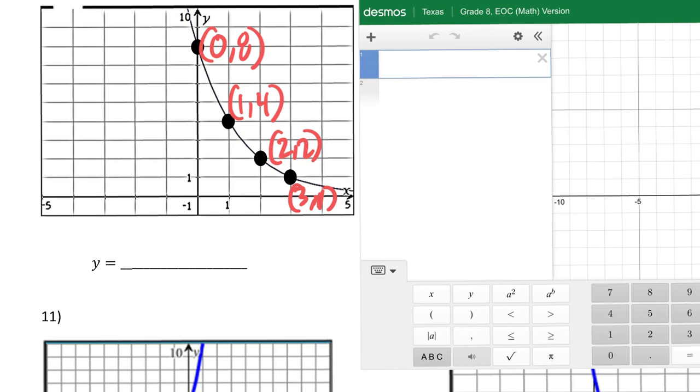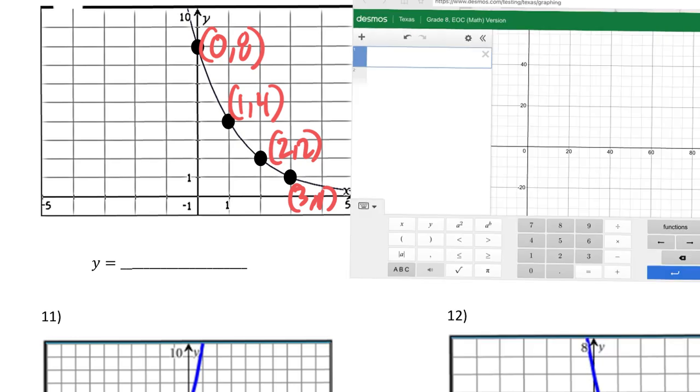Okie dokie, make my table. There's the table. 0, 1, 2, 3 for x values.